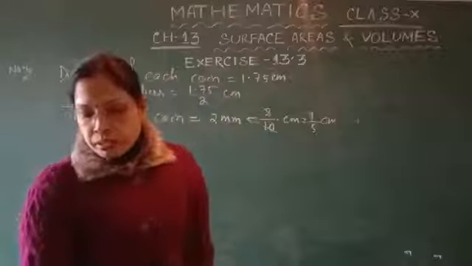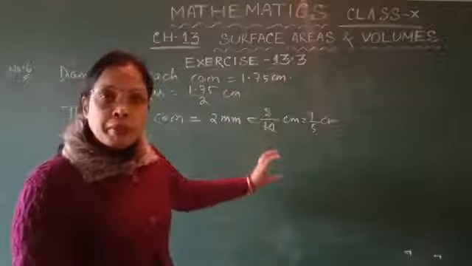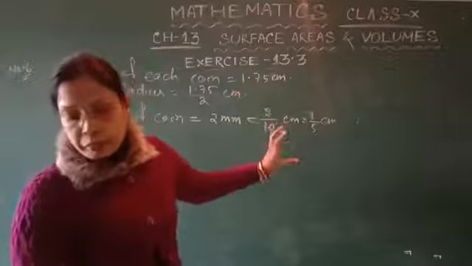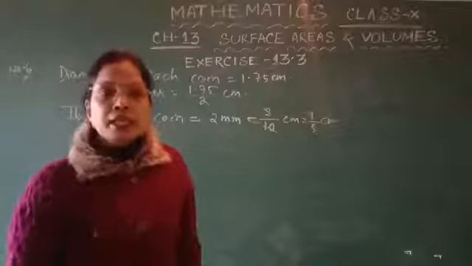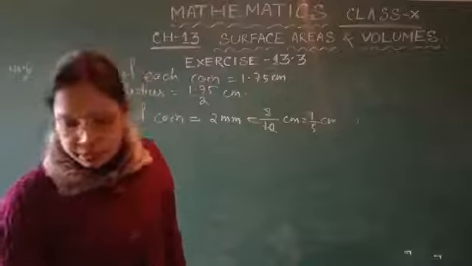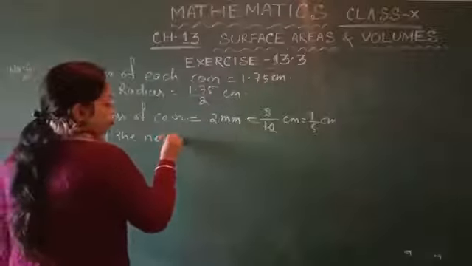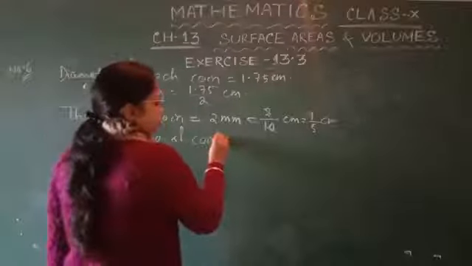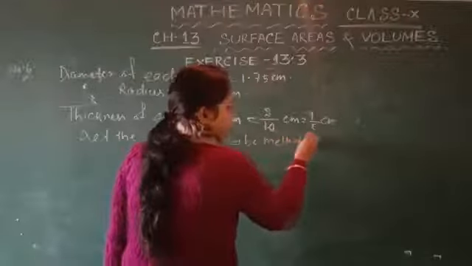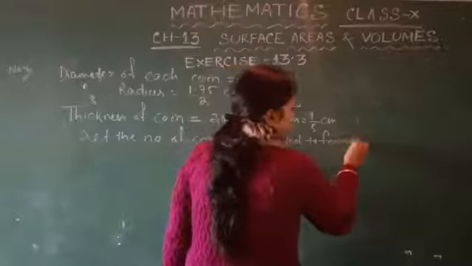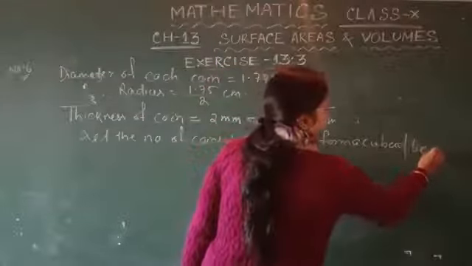Then what? Now here the question says how many coins are to be melted to form a cuboid whose dimensions are also given. So here you write, let the number of coins to be melted to form a cuboid be n.